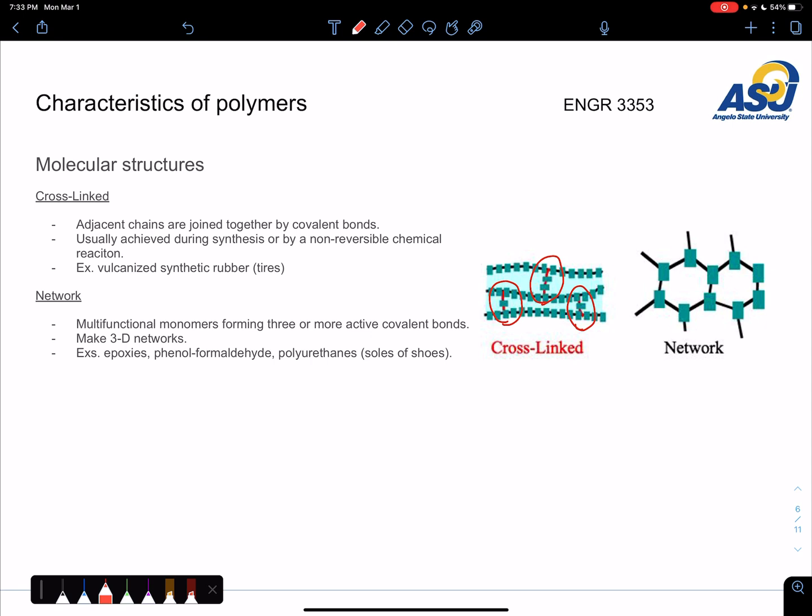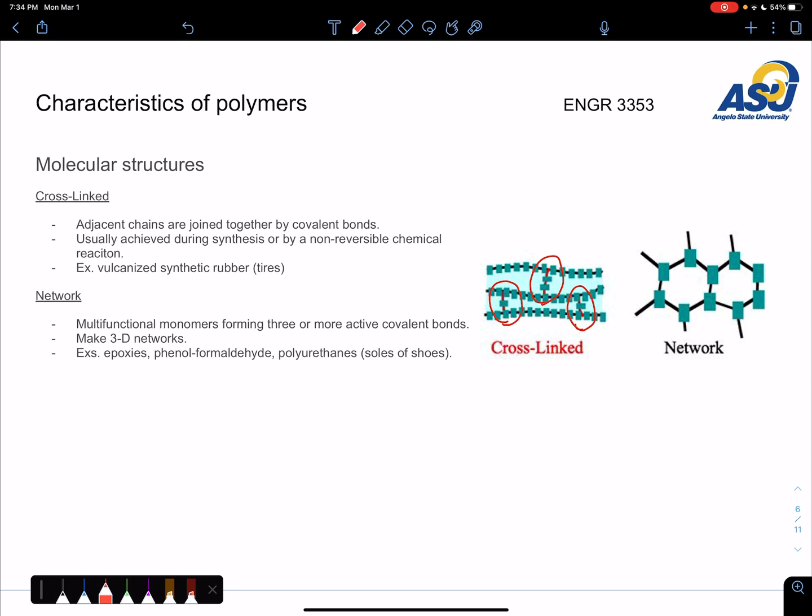Another thing to note is that polymers are very reactive, especially those that are derived from petroleum, so synthetic polymers. And so an example of that would be vulcanized synthetic rubber, which is what makes up your tires, and that is a petroleum-based product.